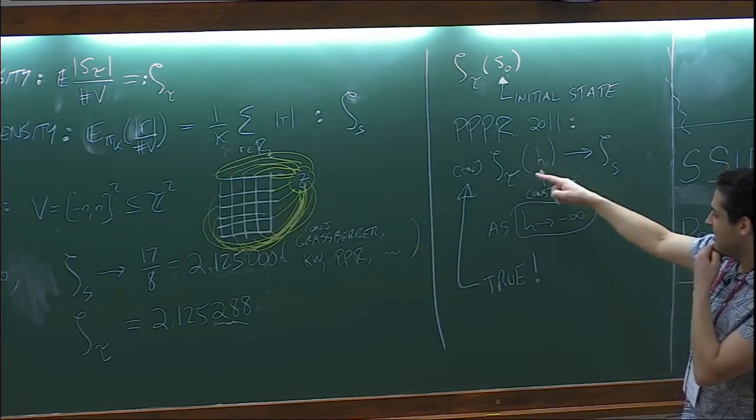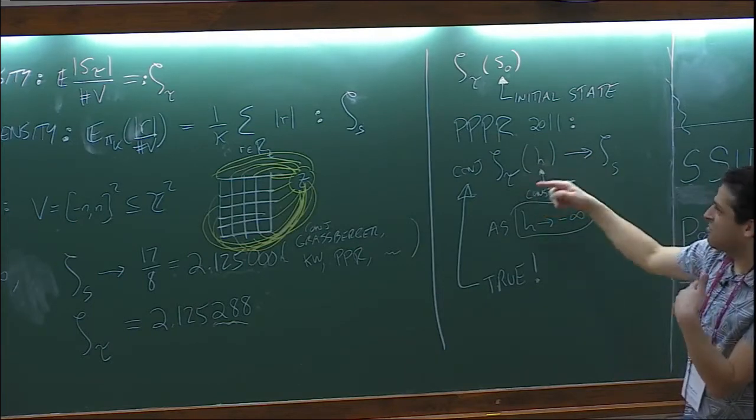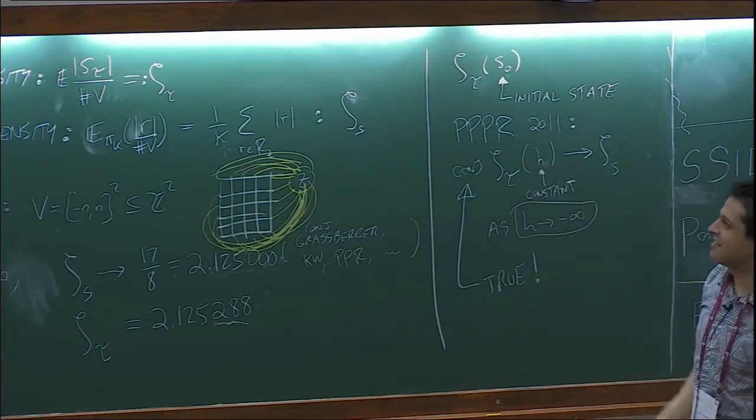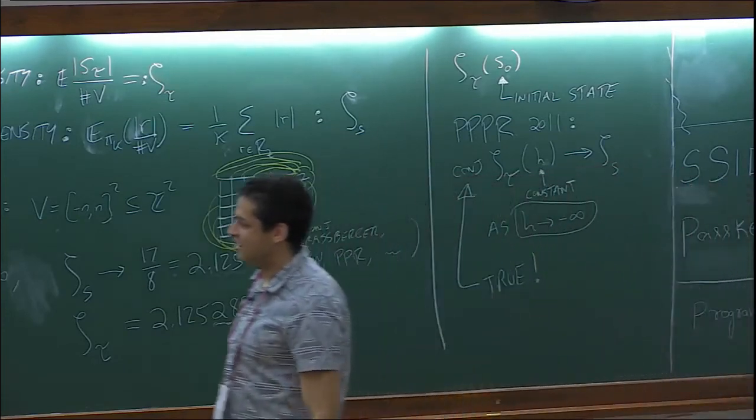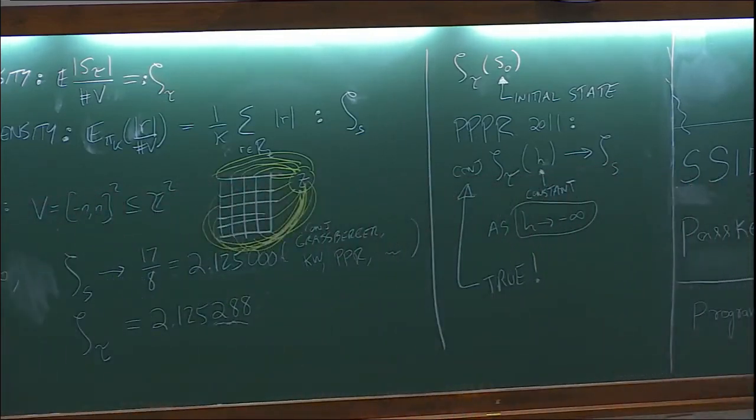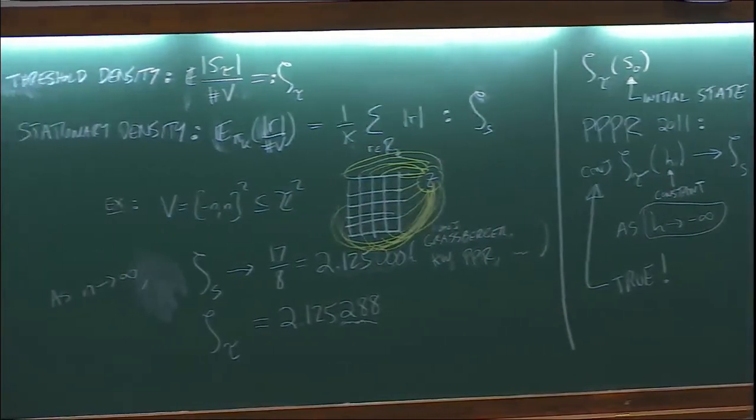To prove this, let's try to be more ambitious. Instead of just looking at this one statistic, the density, let's look at the whole distribution of these things, S tau and I tau.